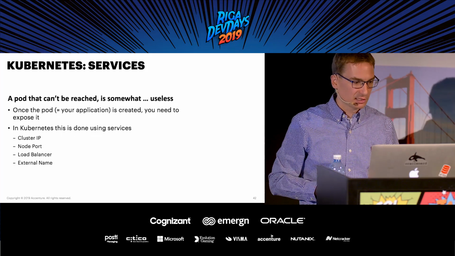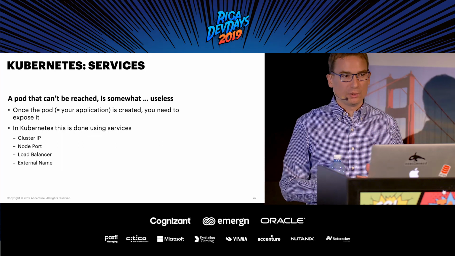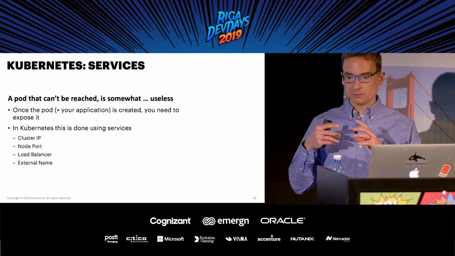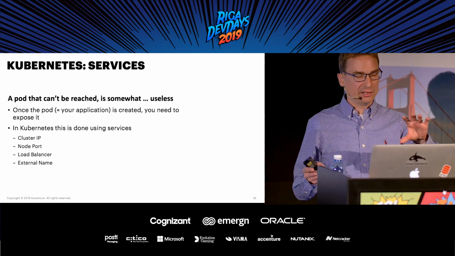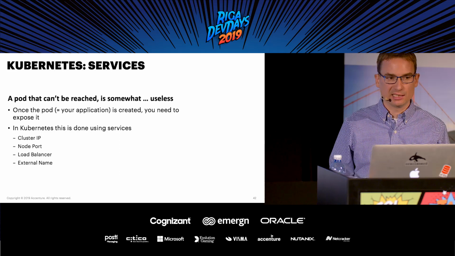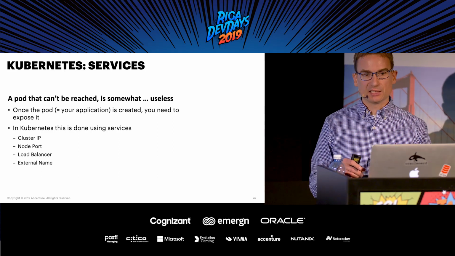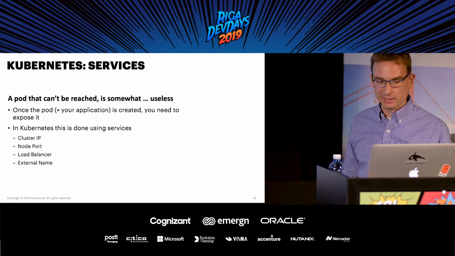External name is something I'm going to use with my application, where I'm just making a DNS name which is external to the cluster available within the cluster. So I can say my service Oracle XE is known inside the cluster, but it points to some database that I've got elsewhere.